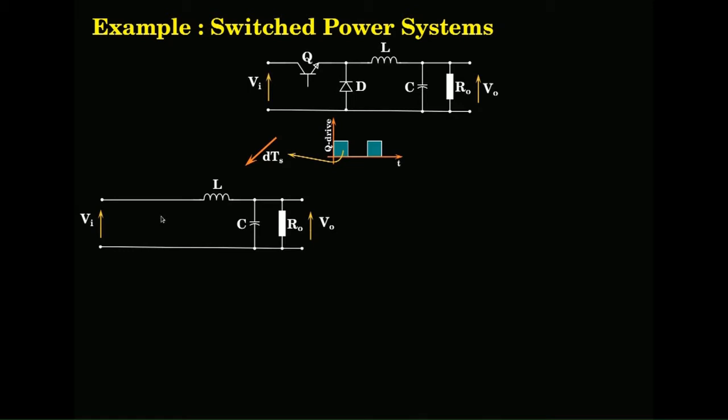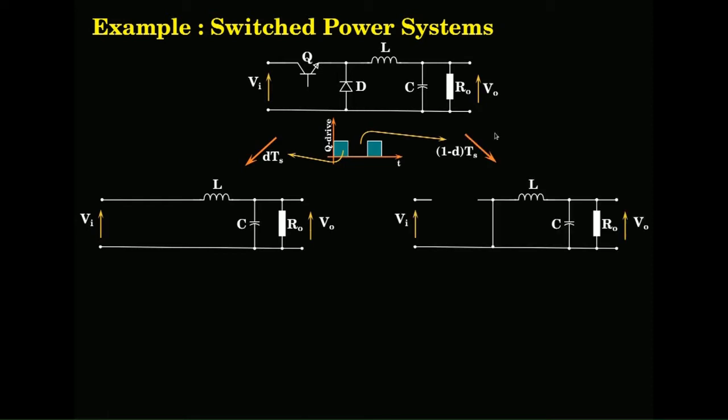Unless you want to study the non-idealities specifically at one particular operating point. So, this is the model that will result, a simple model, and the bond graph for this you can draw. And during 1 minus dt time, you have this model where this is off and D is dictating the node potential here.